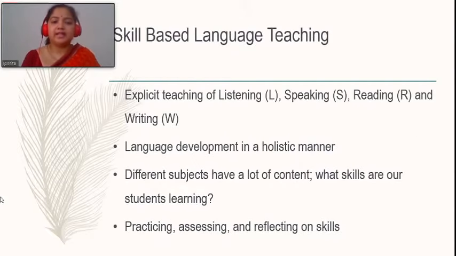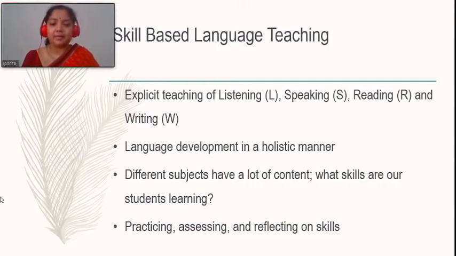Now, skill-based teaching. In skill-based teaching, one very important thing is explicit teaching. Now, what is explicit? Explicit means when, as teachers, we are very conscious that we are teaching a particular skill to our students. Many times, our students just listen to us in class and they learn how to listen.